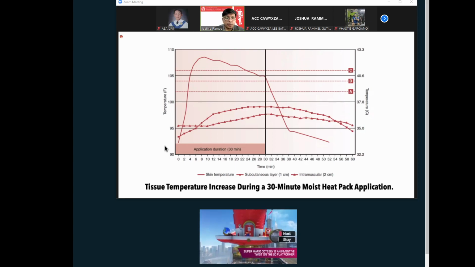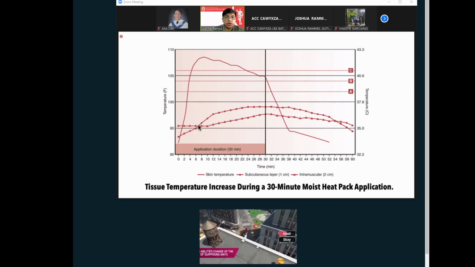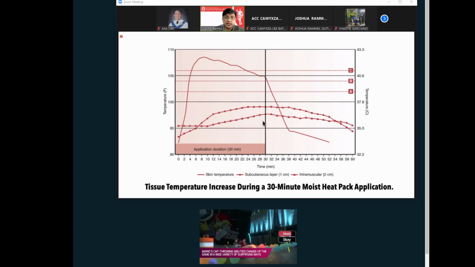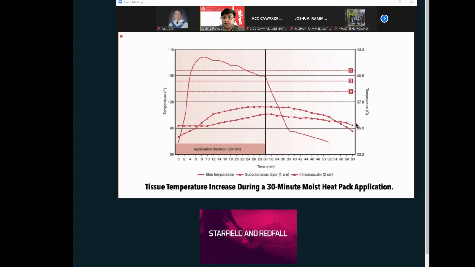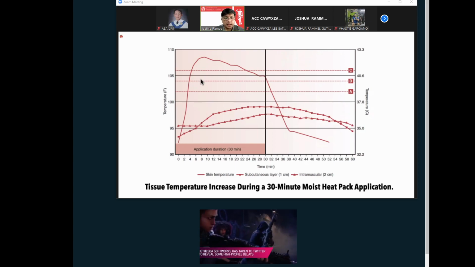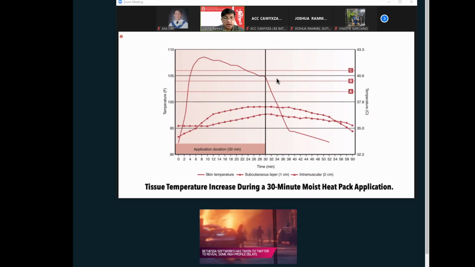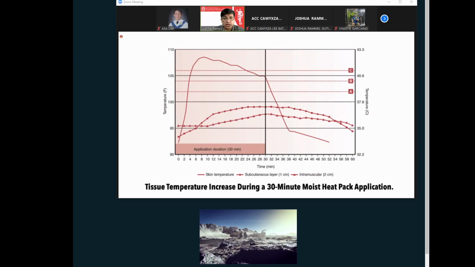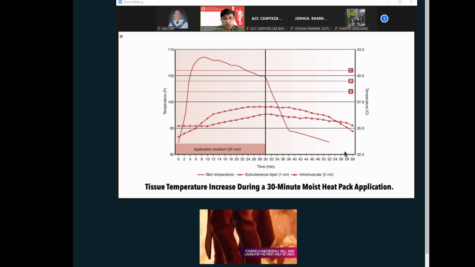You can also see here that compared with the tissue heating in the subcutaneous and in the muscle, it is lower, because the depth of penetration of your HMP is actually superficial. And there is a drastic decline in the temperature after 30 minutes of application.